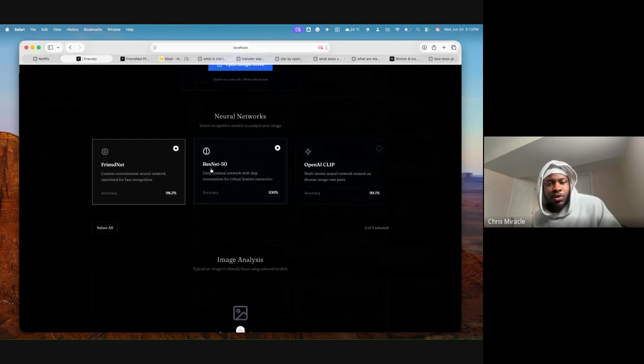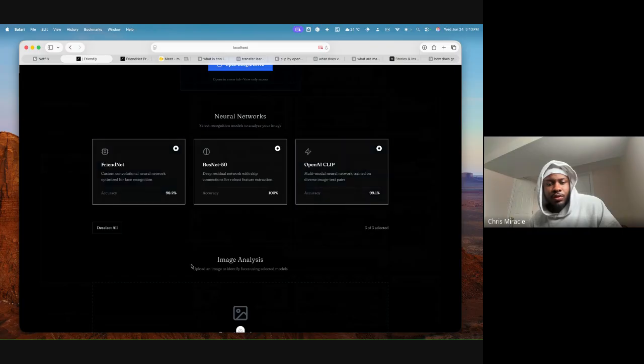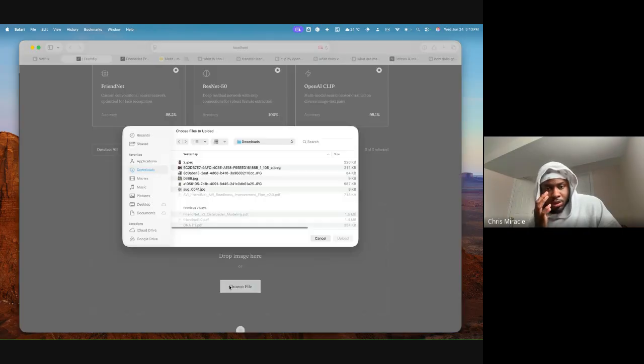For the demo, you choose the models you want to try. I'm choosing all 3 of them. You choose your image. I'll start with a group image.